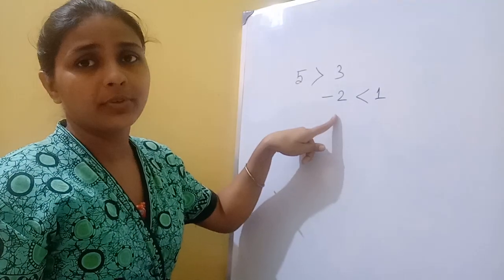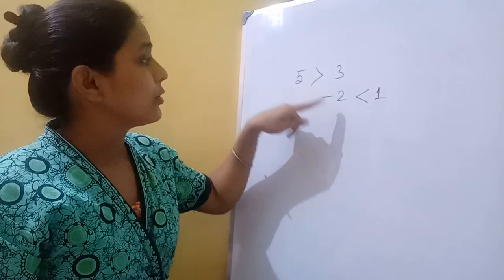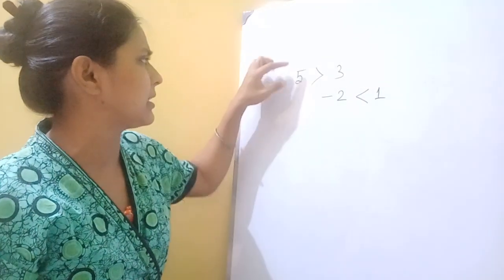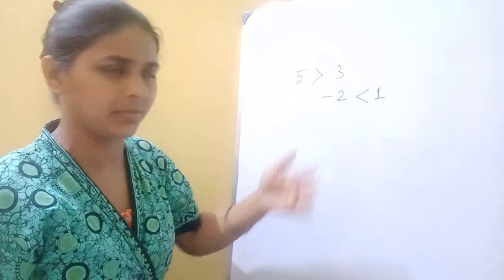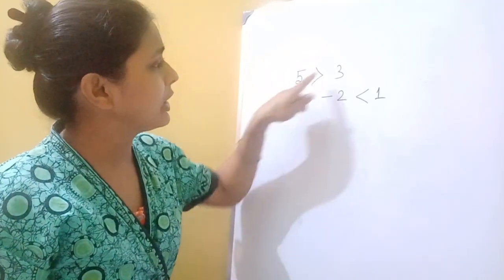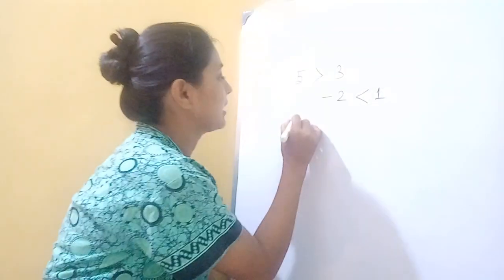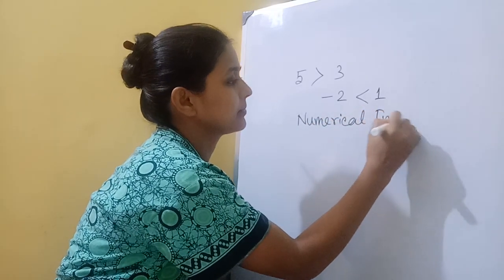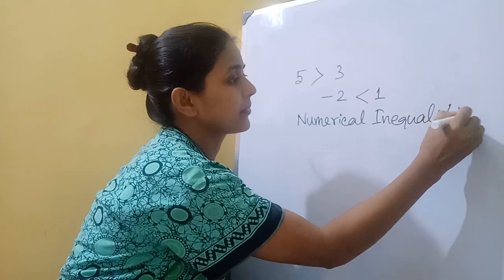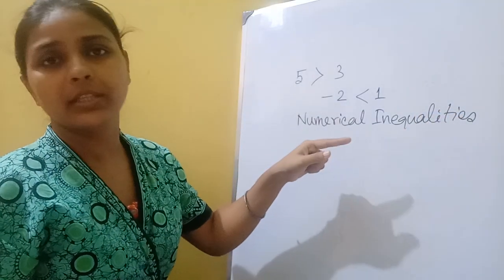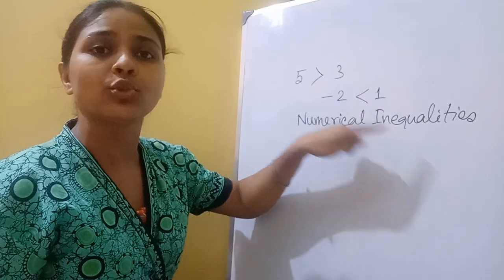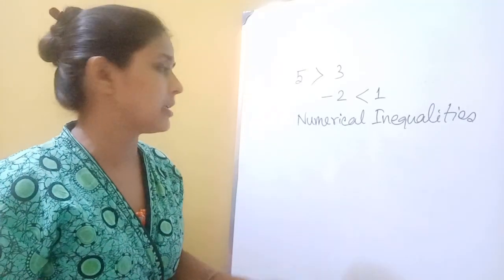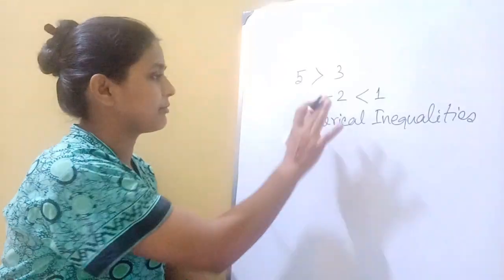So these types of inequality expressions, where everything is numerical, that means numerals, that is 5, 3, normal numbers, we call these inequalities numerical inequalities. So numerical inequalities are those expressions of inequalities where only numbers are present. This is the first one.